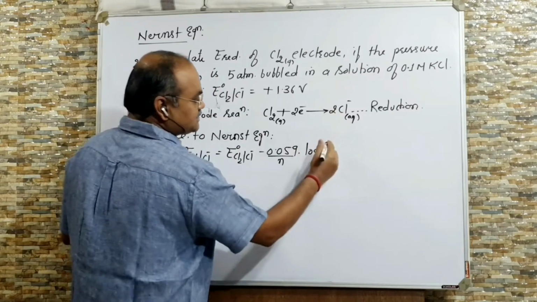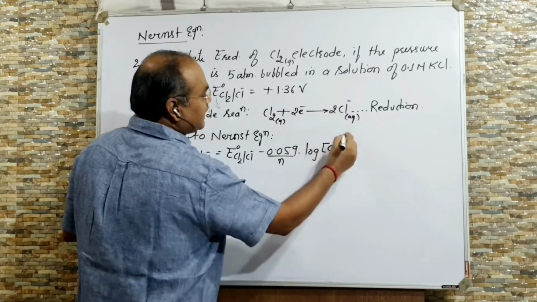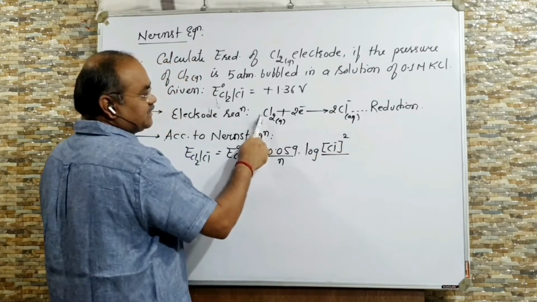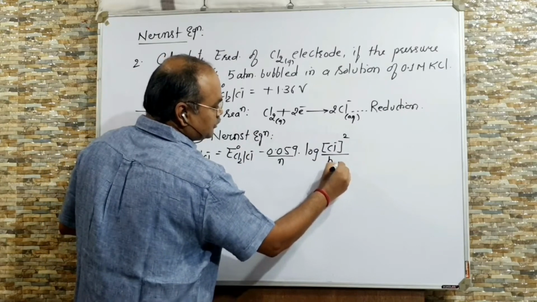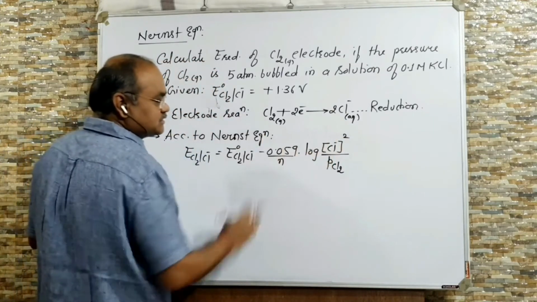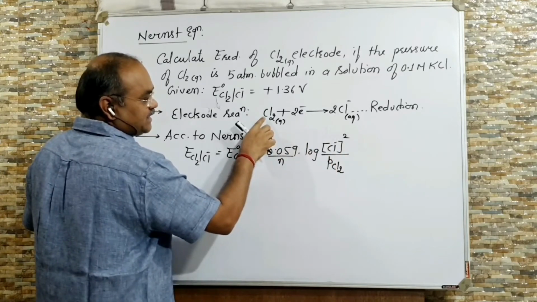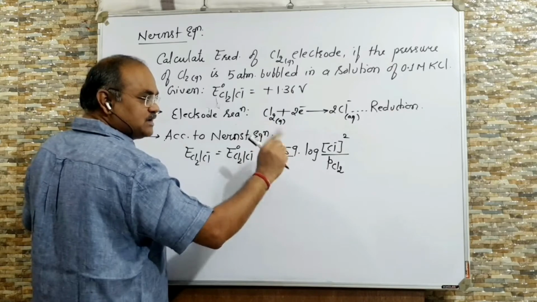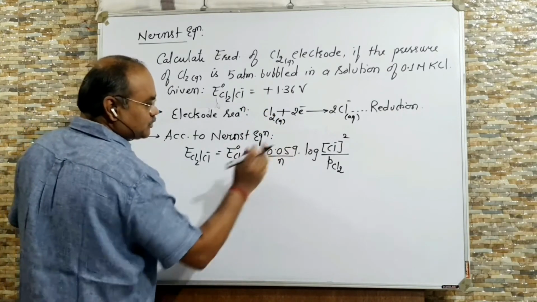Product is Cl minus whole square divided by reactant. Reactant is Cl2. So it will be, chlorine is a gas, so it will be P of Cl2. Right? It is 1 mole. So this is our equation. So this you have to remember. In this case, we are considering chlorine gas. In earlier case, it was metal and concentration of metal is taken as 1 molar because it is solid. But this is gas, so you have to consider it.